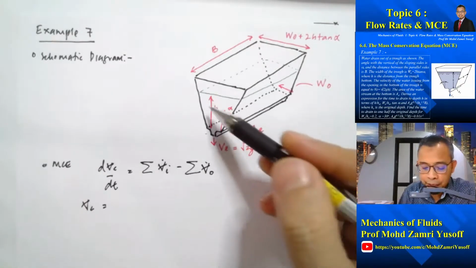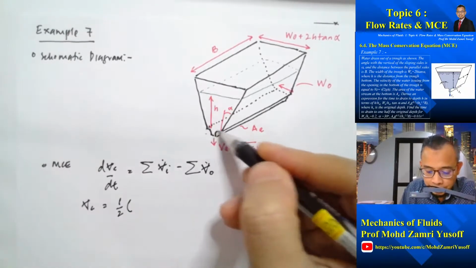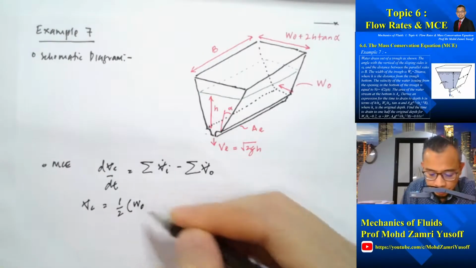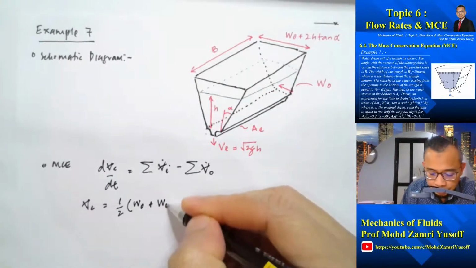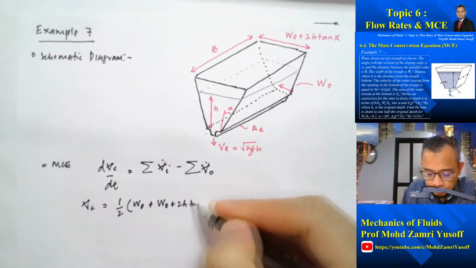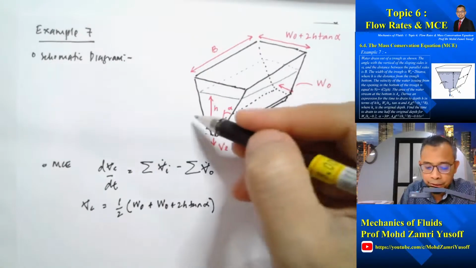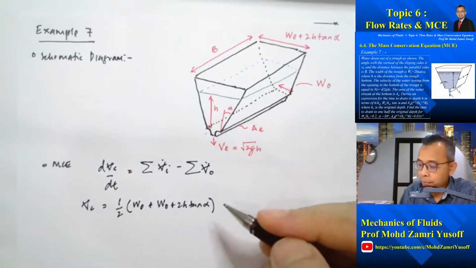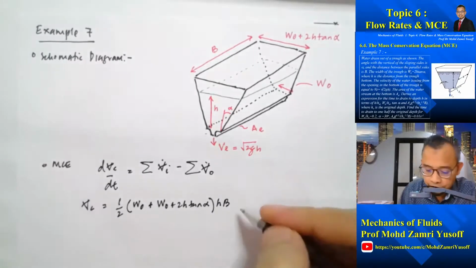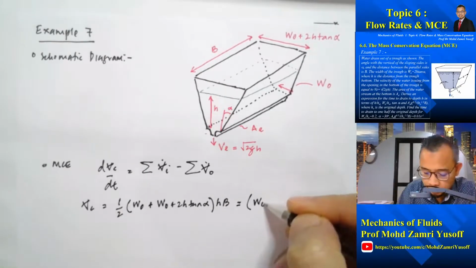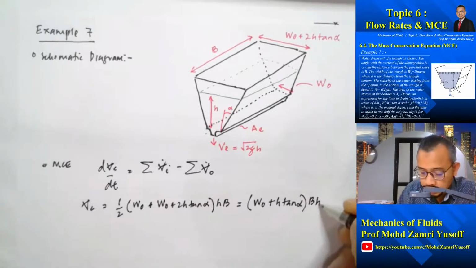The cross-sectional area is half multiplied by W0 plus W0 plus 2h tangent alpha, which gives the average distance multiplied by h and then by b. So that's equal to W0 plus h tangent alpha, times h, times b.